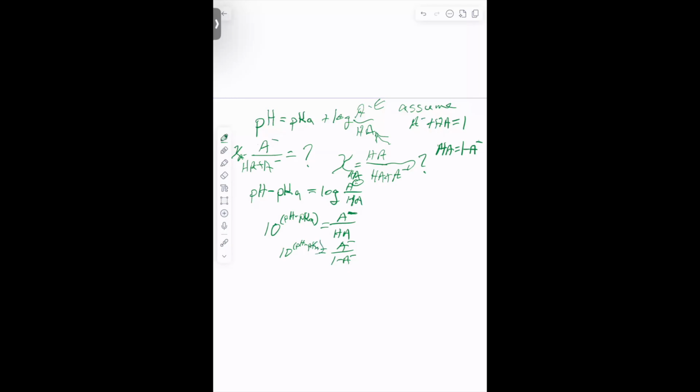All I'm trying to do is make it so that A minus is on one side of the equal sign and everything else is left over. That's the challenge. So I'm going to multiply both sides by 1 over A.